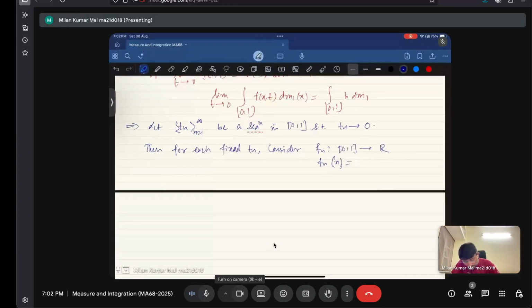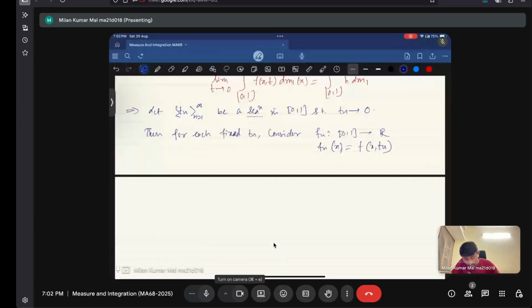Moreover, this fn converges to the function f pointwise. That is, for tn, fn(x) converges to f(x, 0) pointwise.